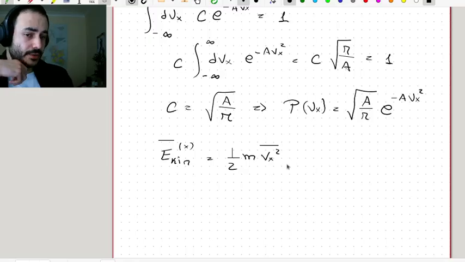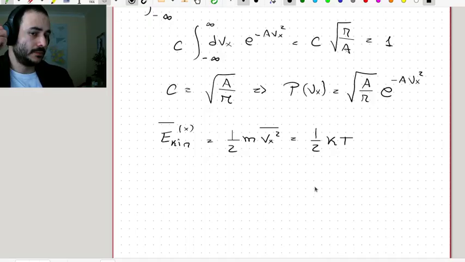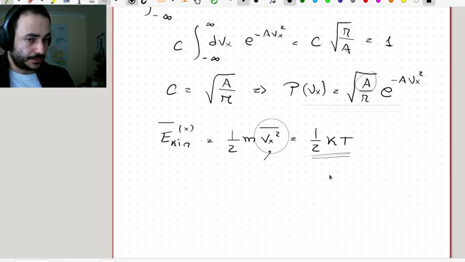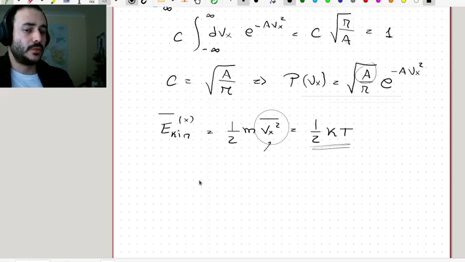And by the equipartition theorem, we know that this thing is going to be equal to 1/2 of kT. This is something we established before, so the average of vx squared is given by kT over m. And if we have the probability distribution here in terms of a, we go and calculate the average of vx squared, we will obtain a function of a, and we know that this thing is equal to 1/2 of kT. So that way we can figure out what a is. So let's just do that.